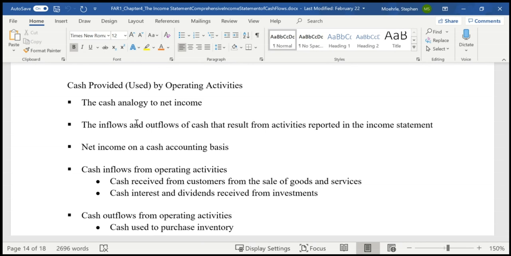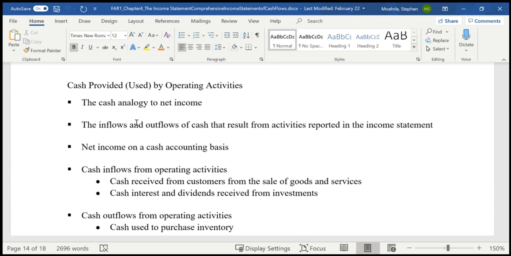The inflows and outflows of cash that result from activities reported in the income statement, such as revenue from cash from customers, cash paid to suppliers, cash paid to employees, cash paid for utilities. It's net income, but on a cash accounting basis.